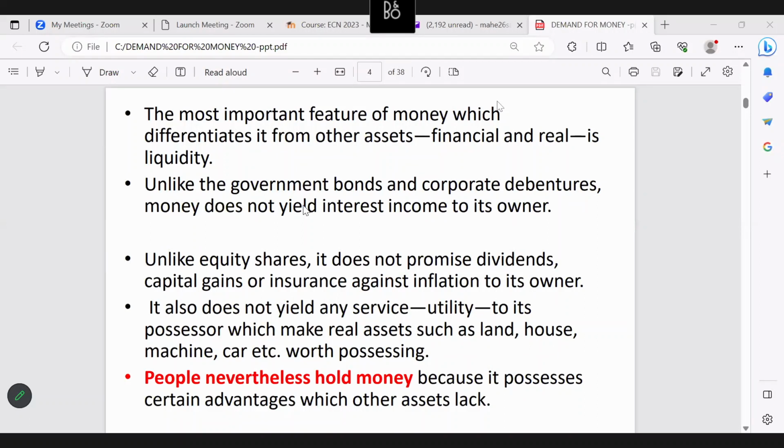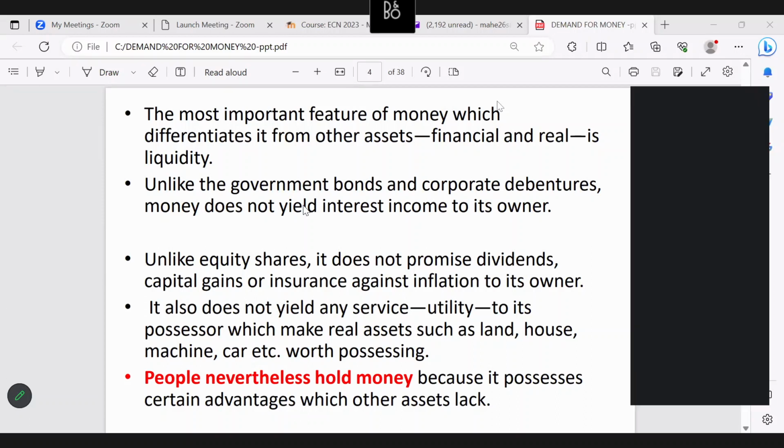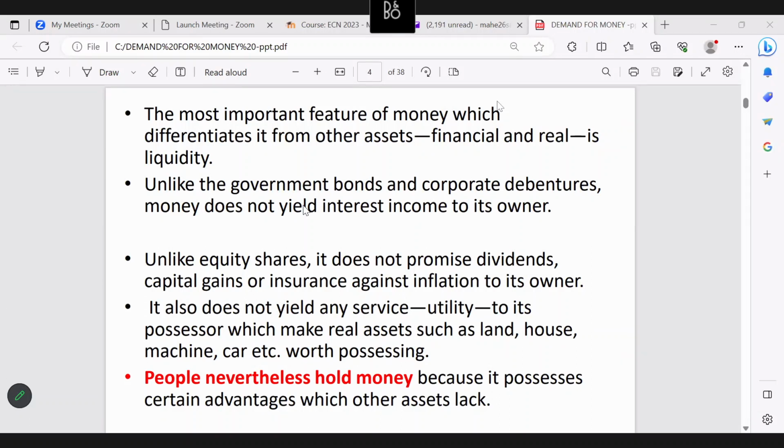Other assets have low liquidity, but money has 100% liquidity, because we can easily and quickly change money into money. Once we have 1,000 rupees in our hand, we can separate it as 100 rupees, 500 rupees, or 50 rupees, whatever we need. That is the term liquidity. But in the case of huge assets like land.